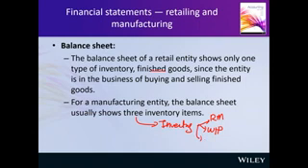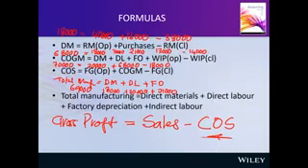Third is finished good. If you are involved in a business producing cakes, so the flour, the dough, and the ready, delicious, yummy cake. So you have three types of inventory: raw material, work in process, and finished good.